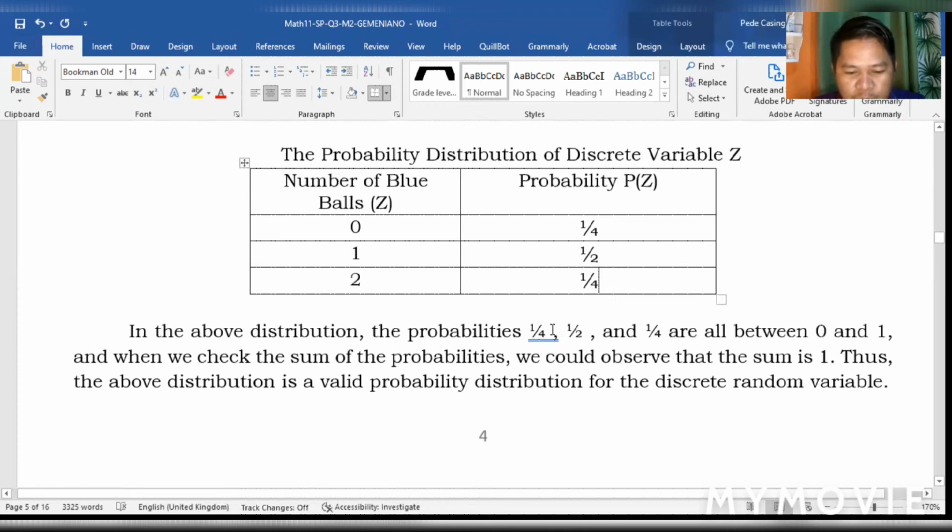Wala ding below 0. Okay, and when we check the sum of all the probabilities, we could observe that the sum is 1. Pag i-add natin ang 1/4 plus 2/4 plus 1/4, diba 2/4 is 1/2? So magiging 1 ang sum. Thus, the above distribution is a valid probability distribution for a discrete random variable.